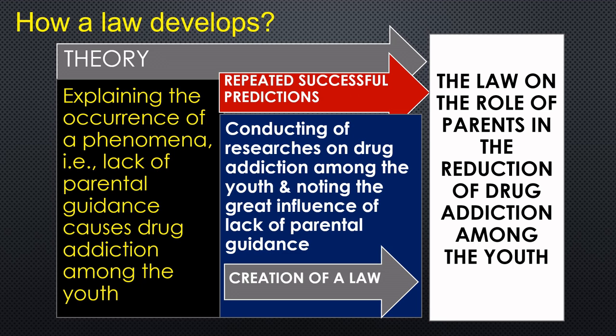Now, if it will turn out that drug addiction among the children or among the minors, basically they have a common denominator or common characteristics, which is most of them, or we call it a great number of them, are products of broken families, then you can come up now with the law which says that the law on the role of parents in the reduction of drug addiction among the youth. If in your series of researches it turned out that parental guidance is the major cause of drug addiction.